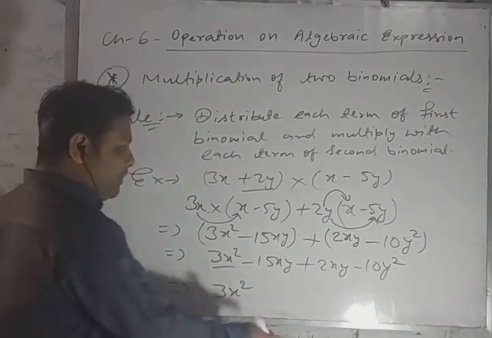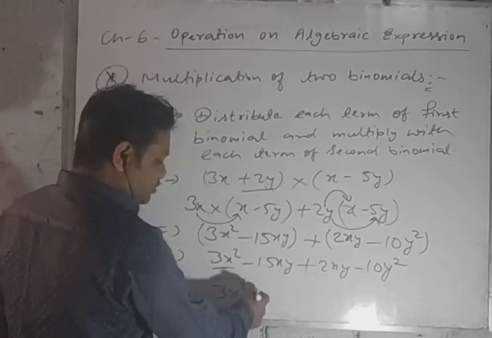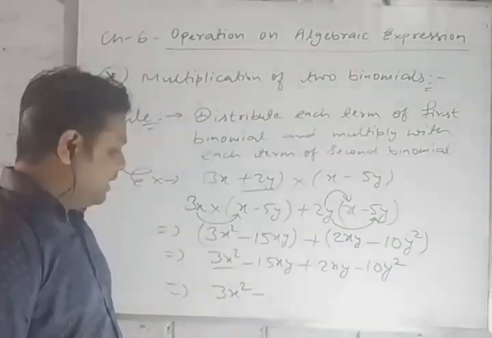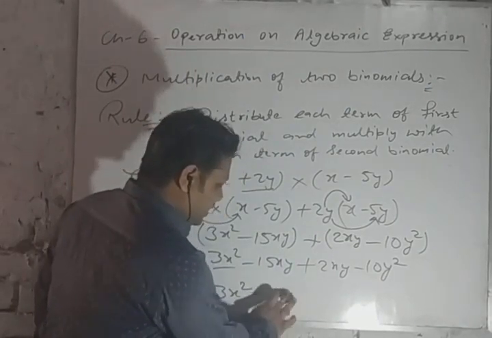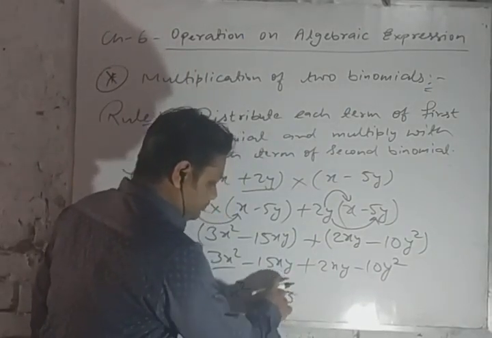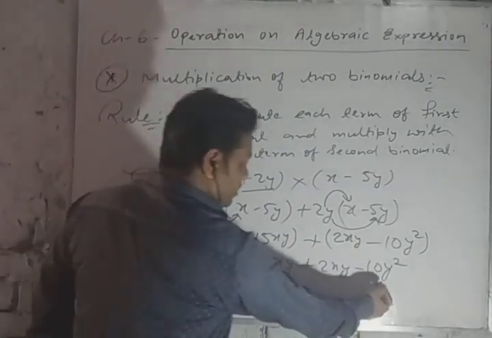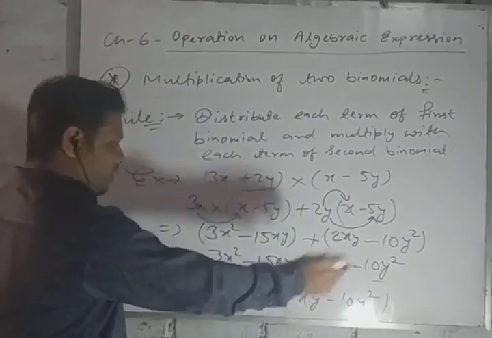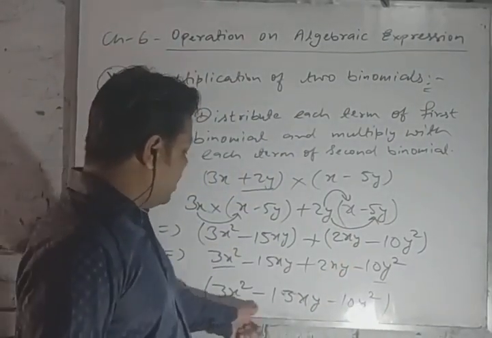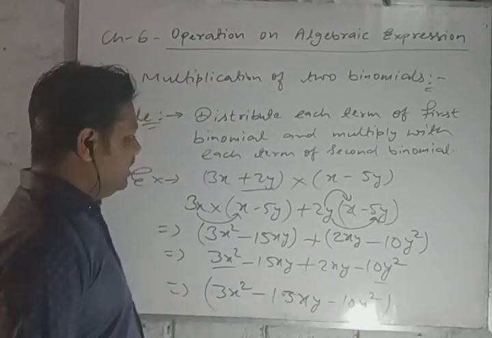Which number is greater? 15, and 15 has a negative sign, so we write a minus sign, and 15 minus 2 is equal to 13, and the rest of the variable is xy only. Now minus 10y square. Now all are unlike terms: here x square, here xy, here y square. So this is our answer.